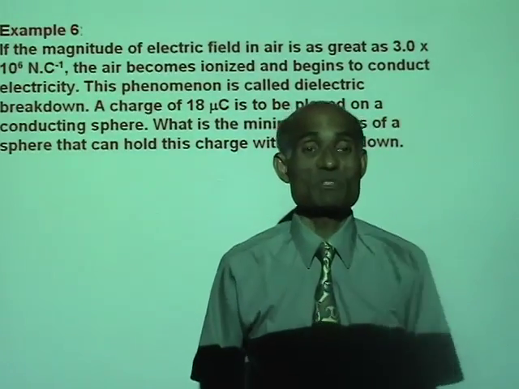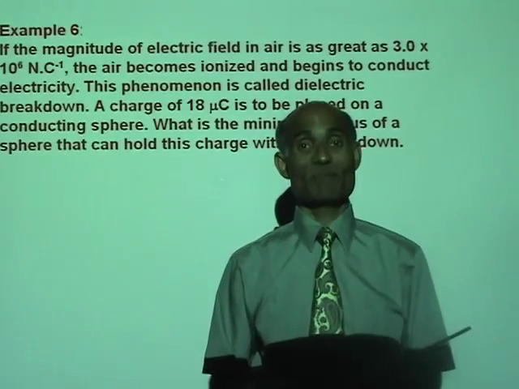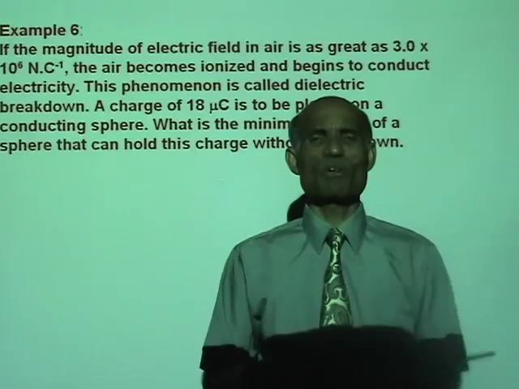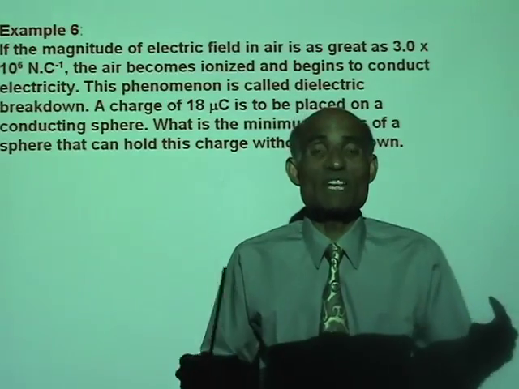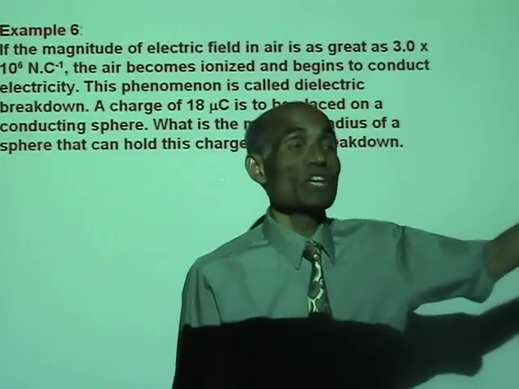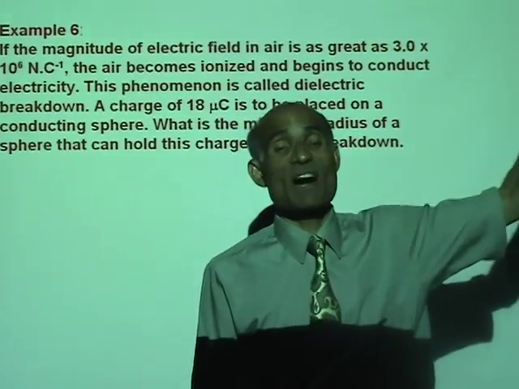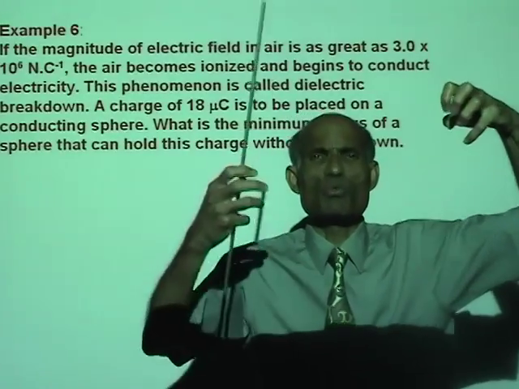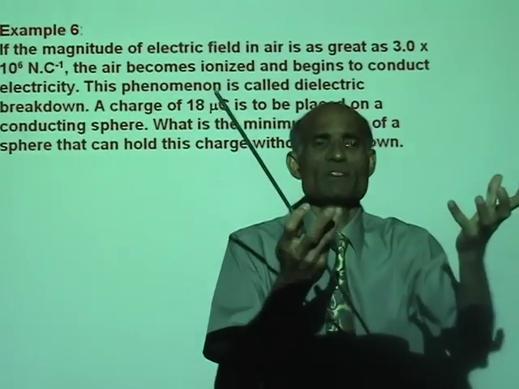We know, especially those who live in Florida, that Florida is the lightning capital of the world. What is lightning and thunder? It's nothing but the electric charges that are accumulated in the clouds, creating a great big electric field.